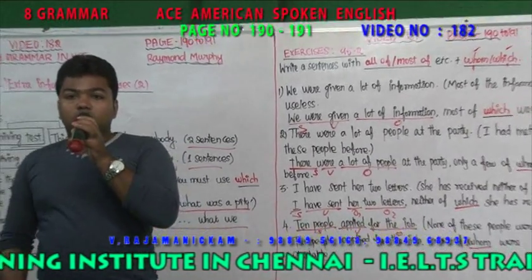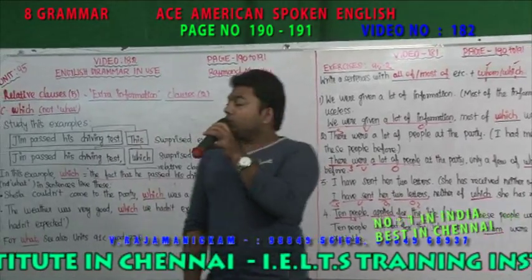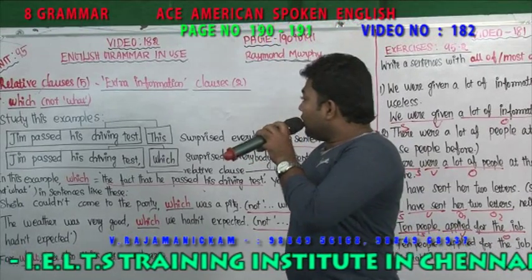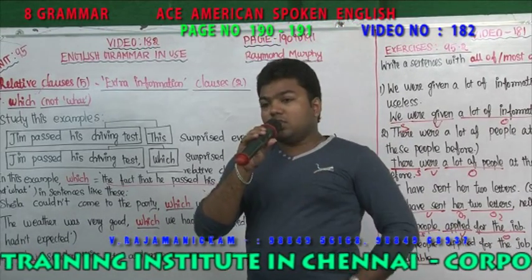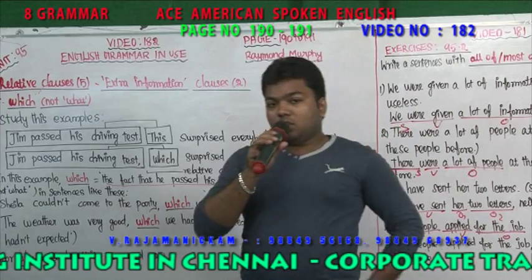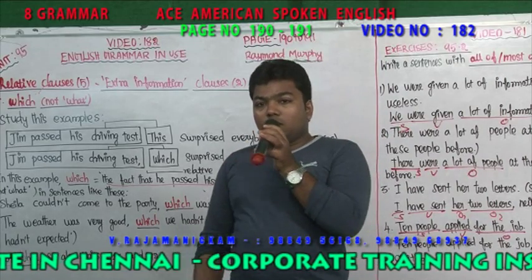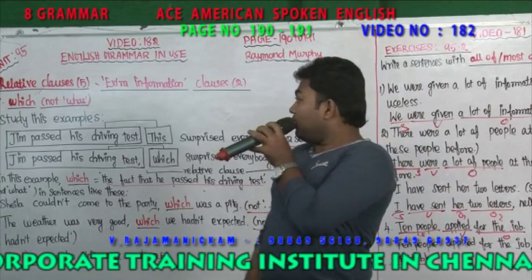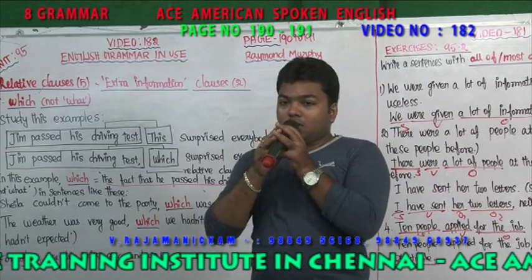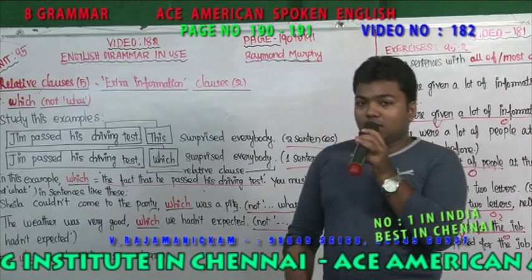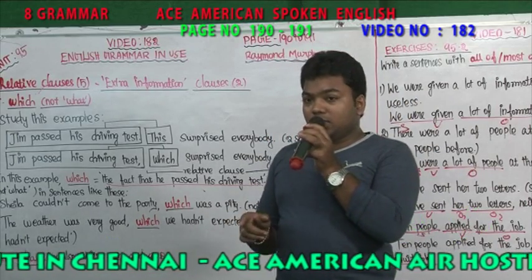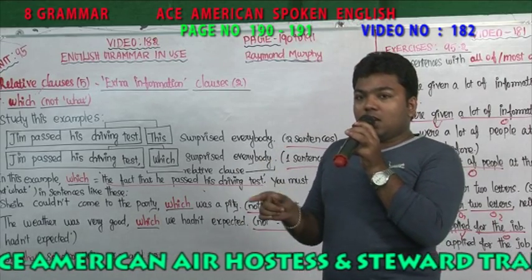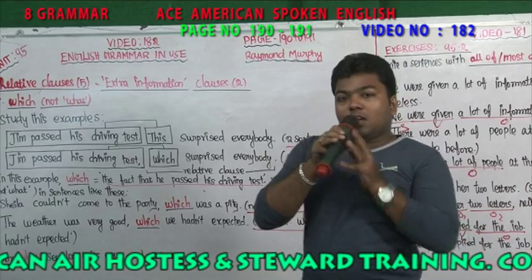Good morning to all. I am Goodwin. A relative clause is giving extra information. Here is the example. There are two sentences. First, I speak in English, and second, this surprises everybody.